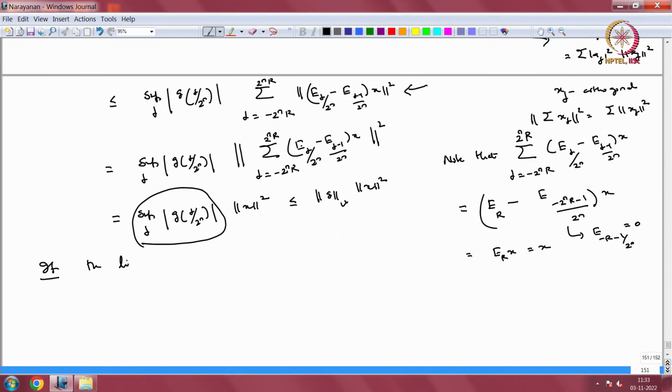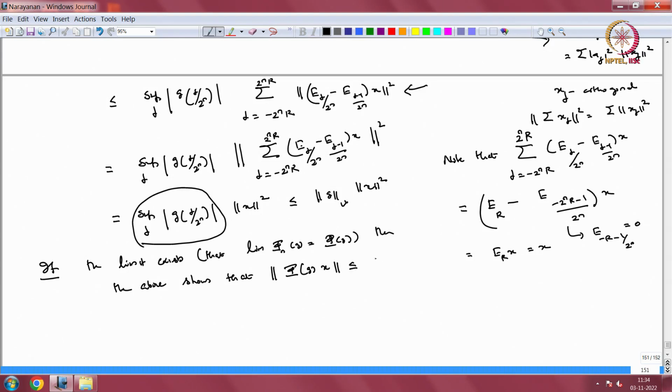So, if the limit of phi_n(g) equal to phi(g) exists, then the above shows that the norm of phi(g) acting on the vector x is less than or equal to the L infinity norm of the function g, that is the supremum norm, times the norm of x, because it is true for all phi_n(g)'s. Consequently, which is what one of the assertions was, the norm of the operator phi(g) is less than or equal to the L infinity norm. So, we still have to prove that the limit exists.